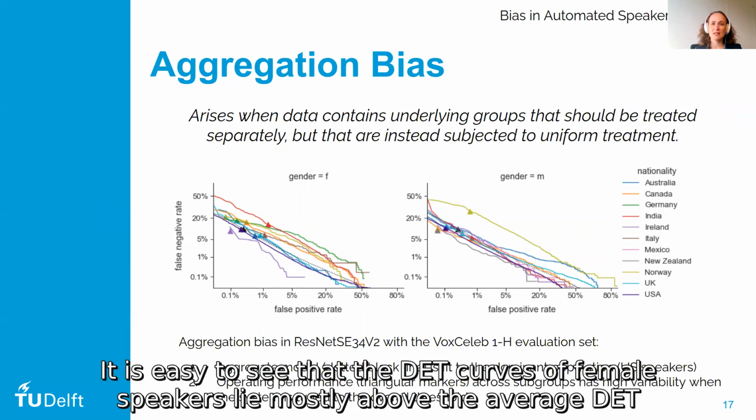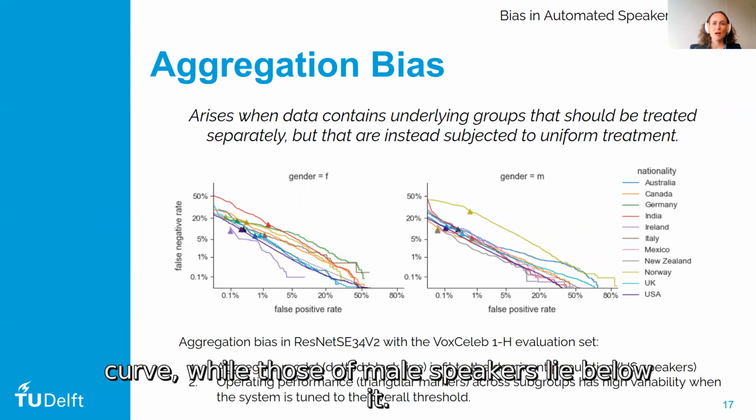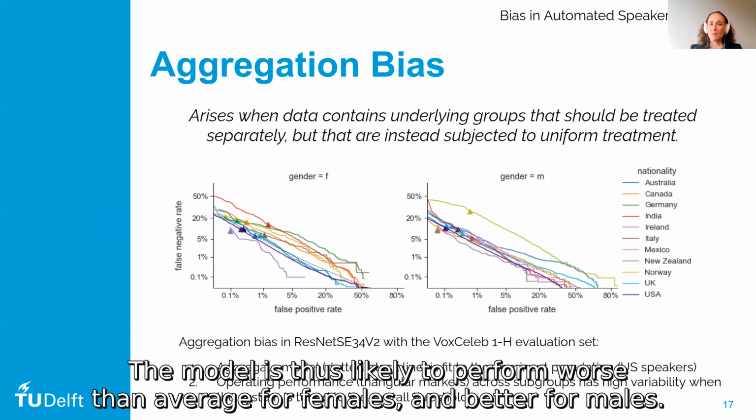It is easy to see that the DET curves of female speakers on the left lie mostly above the average DET curve, while those of male speakers lie below it, in the plot on the right. The model is thus likely to perform worse than average for females and better for males.